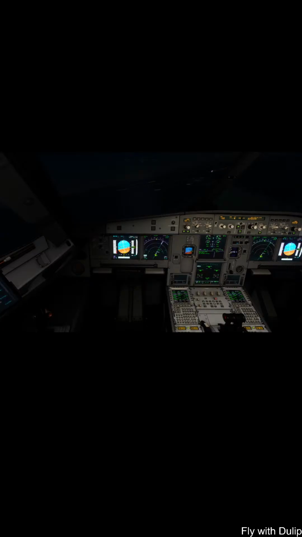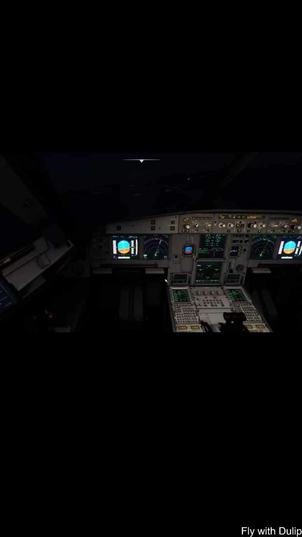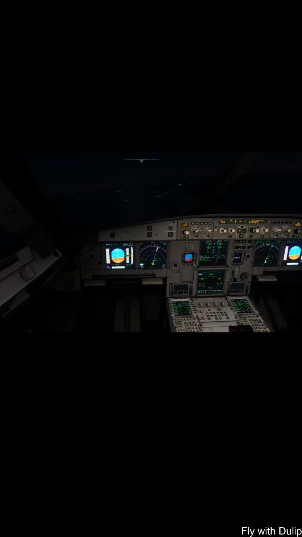Malé control, SriLankan 103 fully established on ILS X-ray 36. SriLankan 103, Roger, cleared to land runway 36, surface wind 280 degrees 8 knots. Report when runway vacated. Cleared to land runway 36. Report when runway vacated, SriLankan 103.